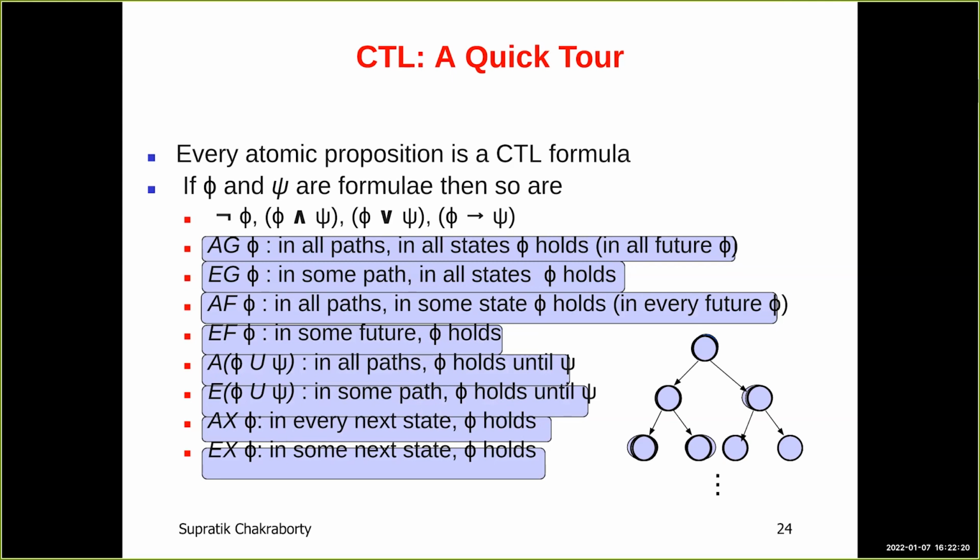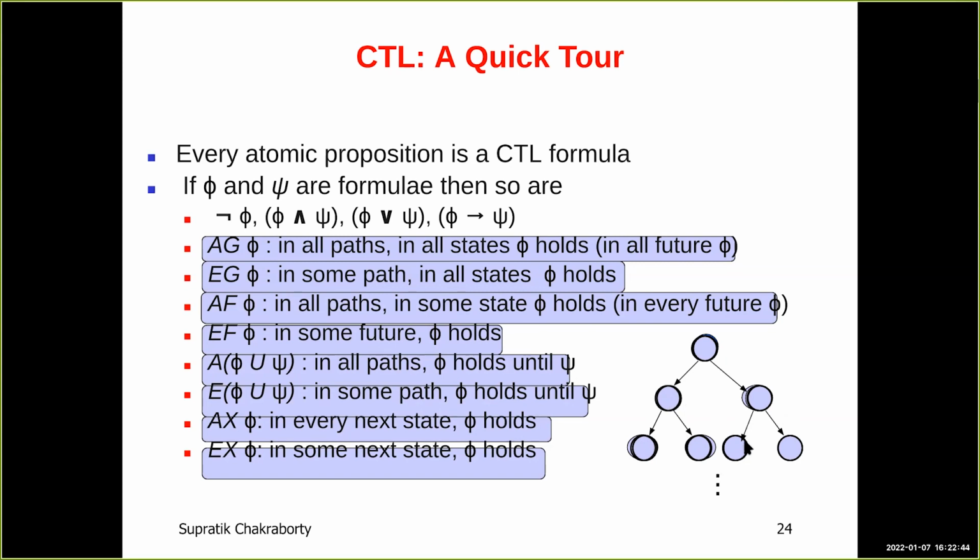Okay. Given this, I can talk about the truth or falsity of a formula at any given state. For example, if I want to evaluate AG phi at this state, it means for all the paths starting from this state, does phi globally hold? In which case I'm not interested in the paths here, because those paths are not starting from this state.